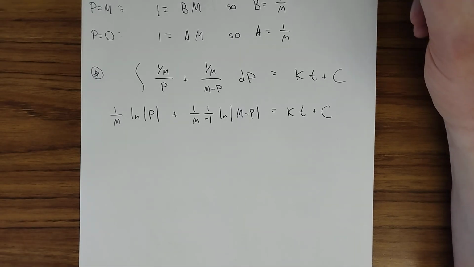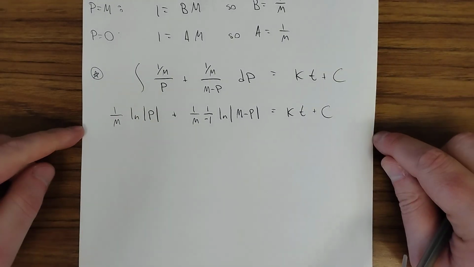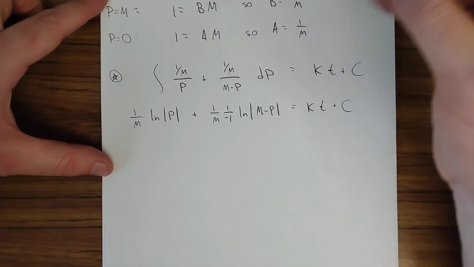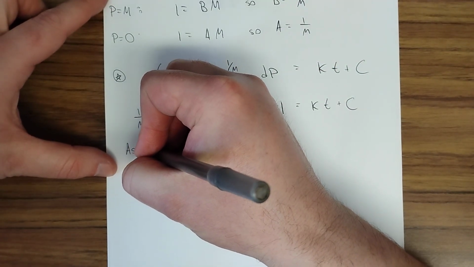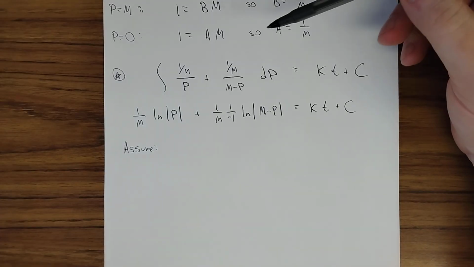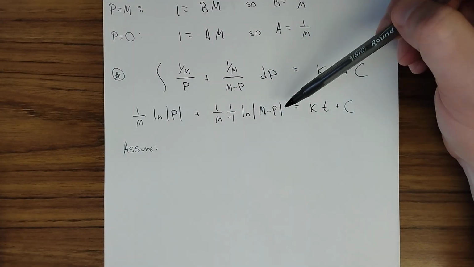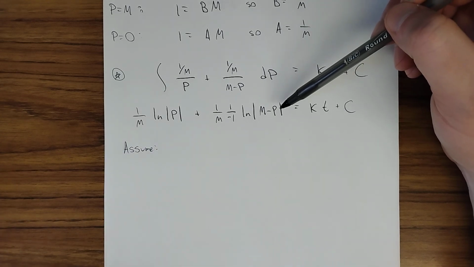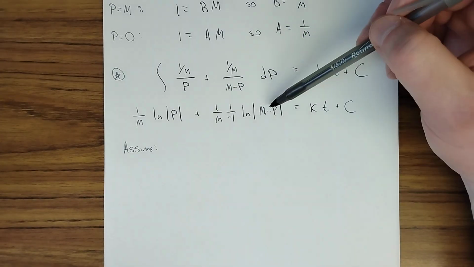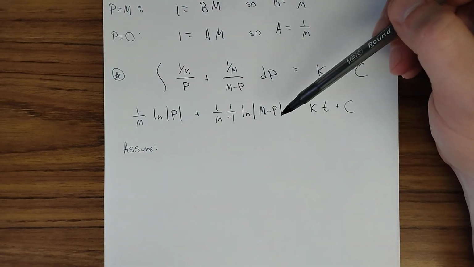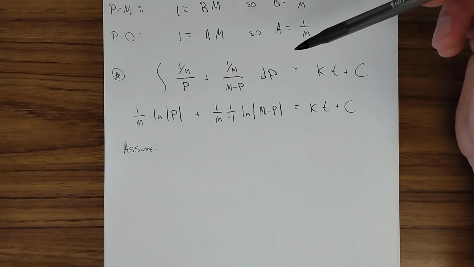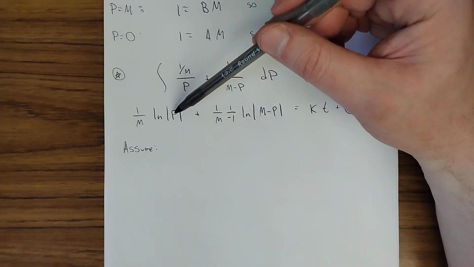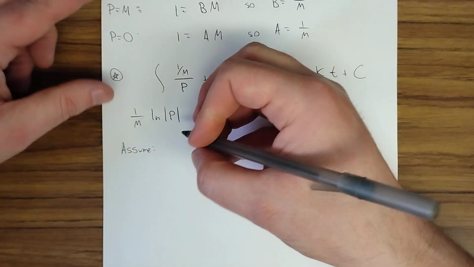And, right, so let's assume, and this is not a crazy assumption, that this is really justified. So what's on my mind right now? These absolute values. As soon as I write these absolute values, I'm looking for a reason to get rid of them or ignore them or figure out what they do. So I'm thinking about whether p is positive or negative, and whether m minus p is positive or negative. Keep in mind, this is the real world, sort of, or we're pretending this is the real world, right? So p is a population, so p is going to be positive.